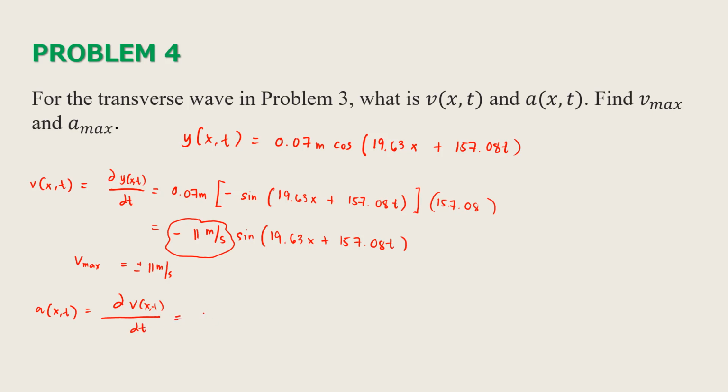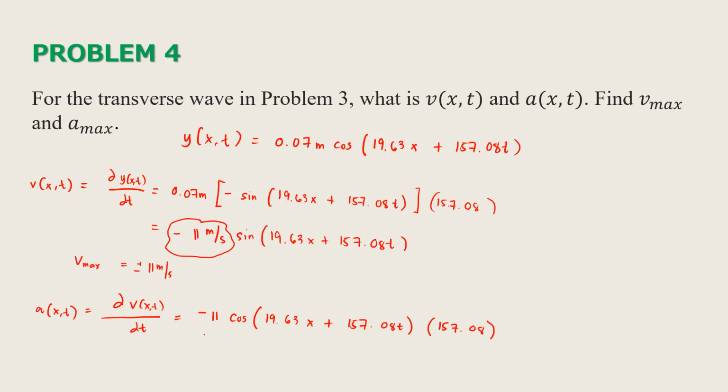So we have negative 11 cosine 19.63x plus 157.08 t multiplied by the derivative of this angle, which is equal to 157.08.